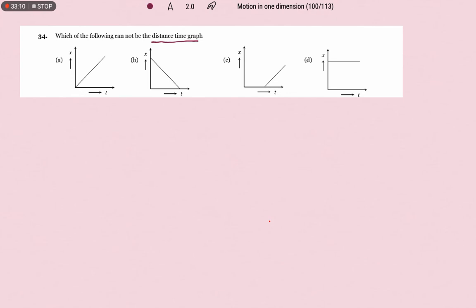So see, distance can never be negative. Now tell me, in the same way, if distance can never be negative, speed also can never be negative.